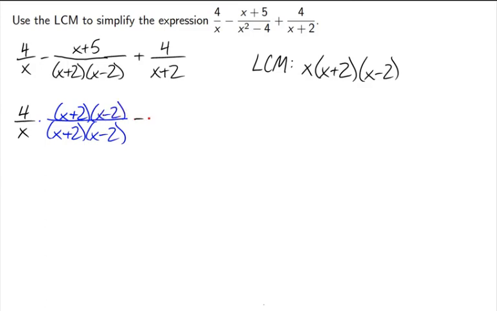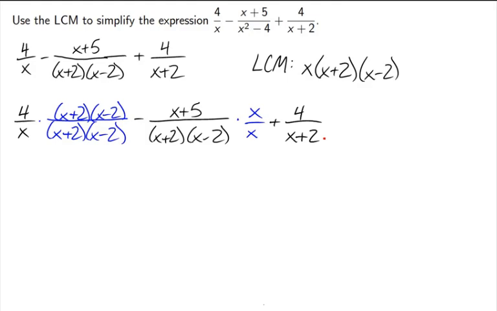And then I've got the minus x plus 5 over x plus 2, x minus 2. Now this has almost all of it, it's just missing the x. So I'll put that in. And then we've got 4 over x plus 2. This one needs an x and an x minus 2.